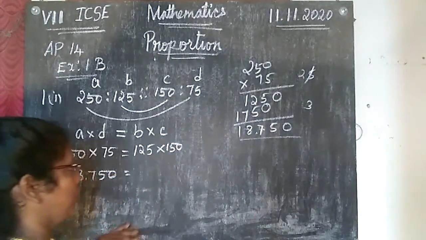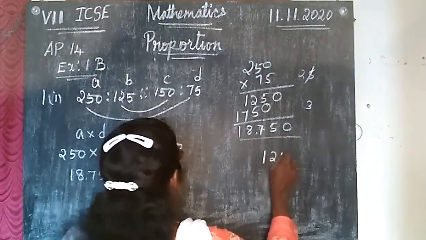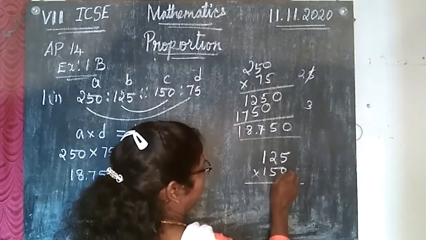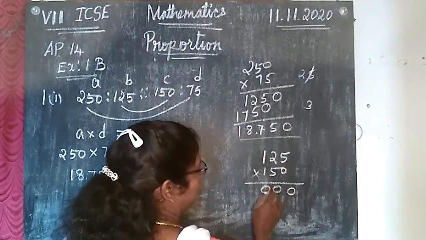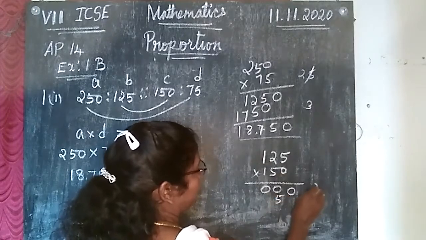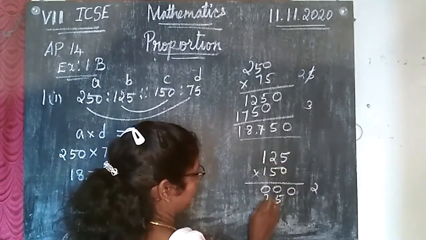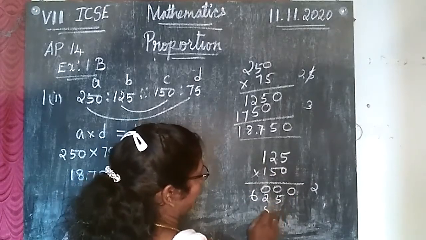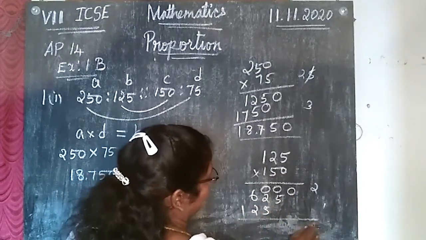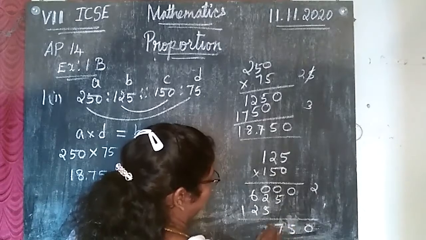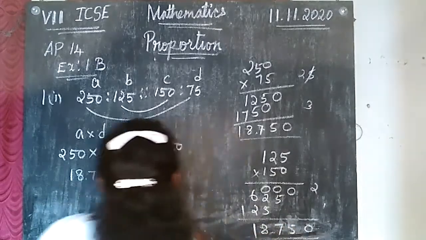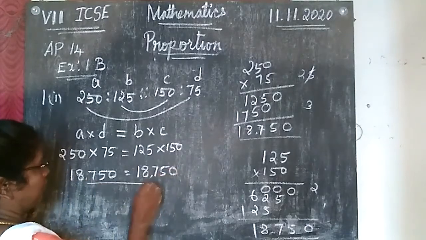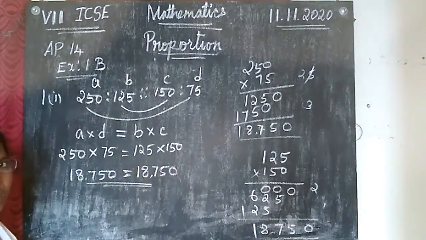Let's find out this also. 125 into 150. When we multiply by 0, everywhere we get 0. 5 5s are 25, 5 2s are 10, 10 plus 2, 12, 5 1s are 5, 6. See here also we got the same answer, 18,750. So both are equal.